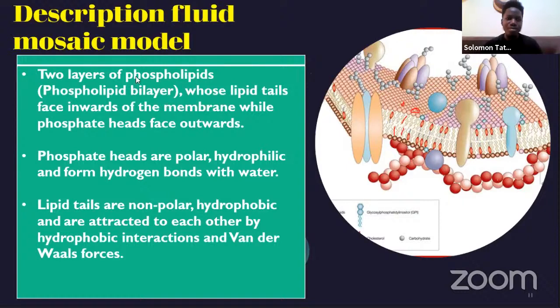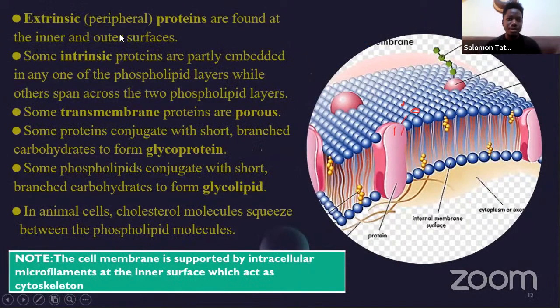To add more to the description, the intrinsic proteins are found at the inner and outer surface. So we have the ones in the outer surface and also the ones in the inner surface. Some intrinsic proteins are partly embedded in one of the phospholipid layers, and some go all the way through.